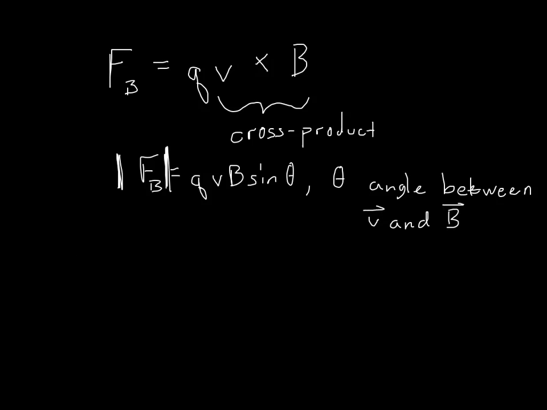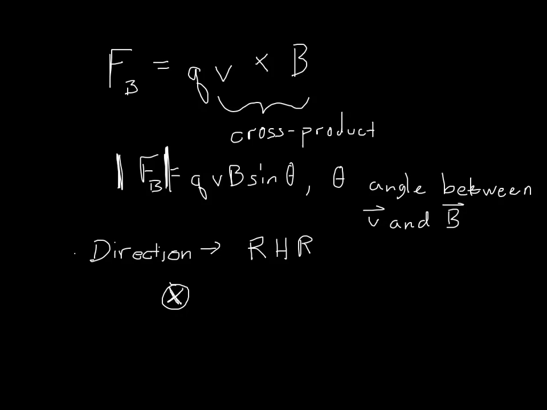To find the direction, if we remember for the cross product, we need to use what's called the right-hand rule. So let's say I have a charge that's moving into the page.